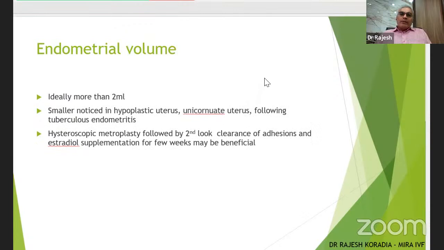The endometrial volume is ideally more than 2 ml. A smaller volume is noticed in hypoplastic uterus, unicornuate uterus, and following tuberculous endometritis. Hysteroscopic metroplasty, followed by a second-look hysteroscopy with clearance of minor adhesions, and estradiol supplementation for a few weeks may be beneficial.